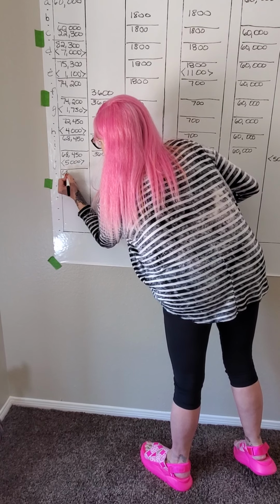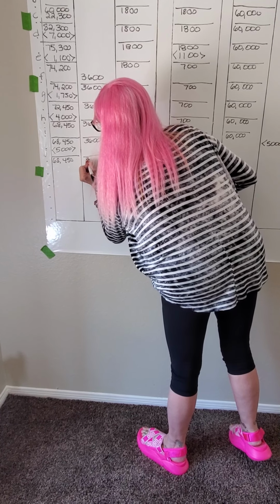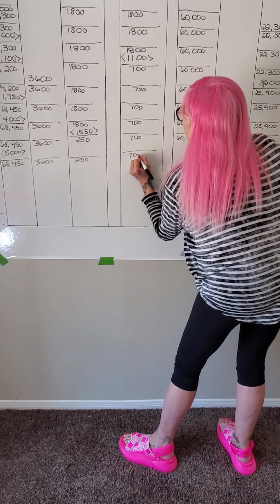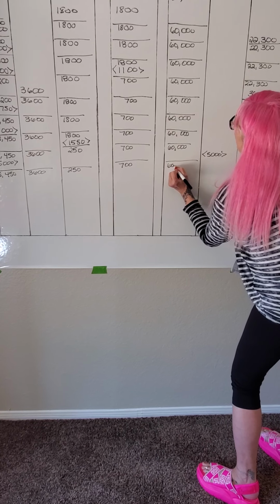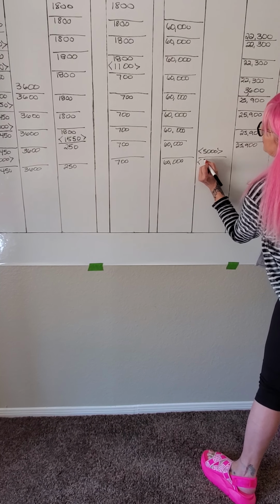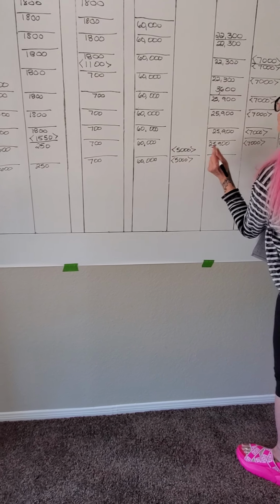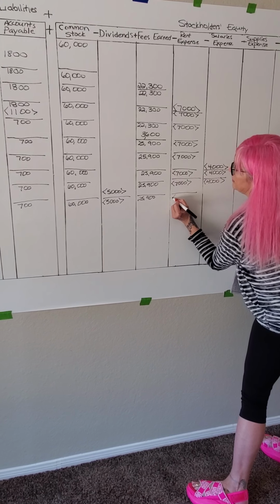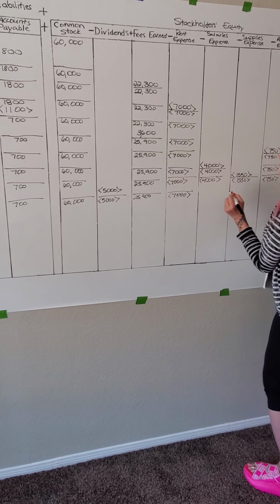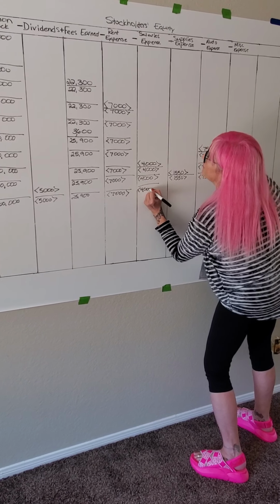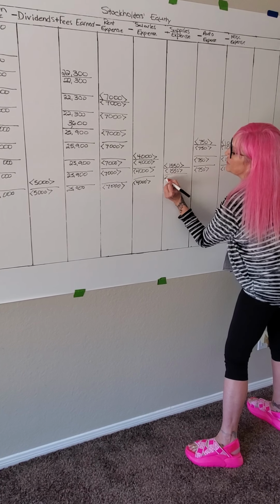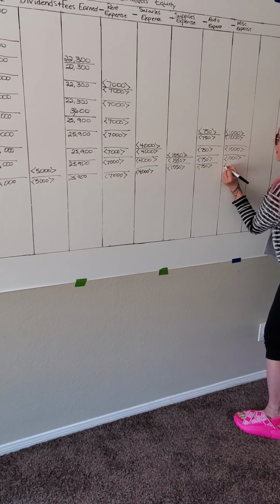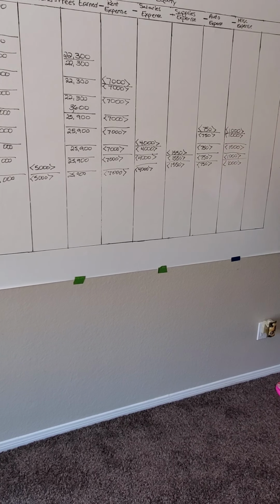So when you end this, we have $68,450 in cash, $3,600 in accounts receivable, $250 in supplies, $700 of accounts payable, $60,000 of common stock, $5,000 of dividends, $25,900 of fees earned, $7,000, hopefully my pen will make it, for rent expense, $4,000 for salaries, $1,550 for supplies, $750 for auto expense, and $1,000 for our miscellaneous expense.